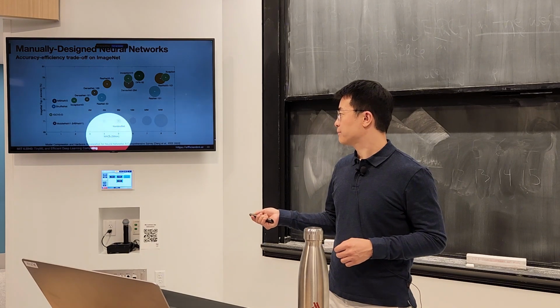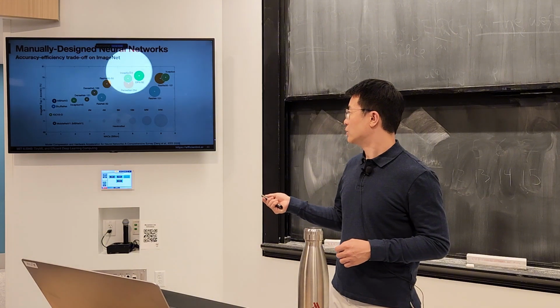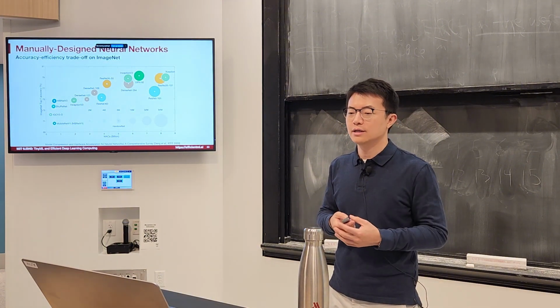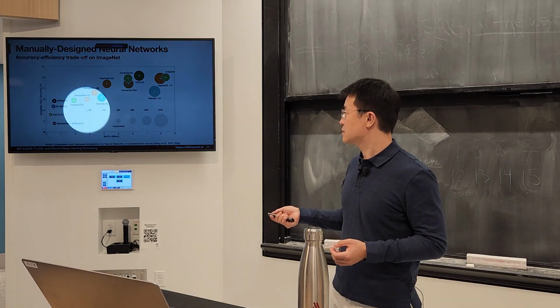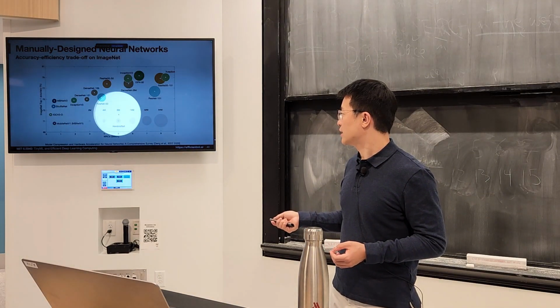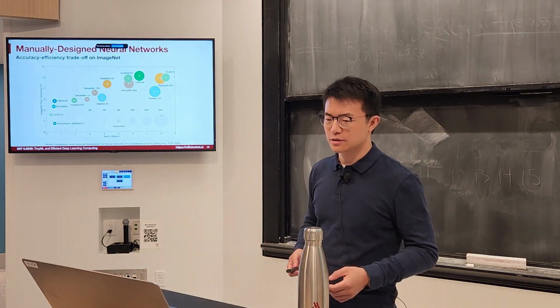Okay, both low computation and high accuracy. And we hope the circle size to be small. Okay, the circle size indicates the number of parameters. Like this big means it has 2 million parameters. Here is 4 million. Here is 8 million. Here is 64 million parameters.